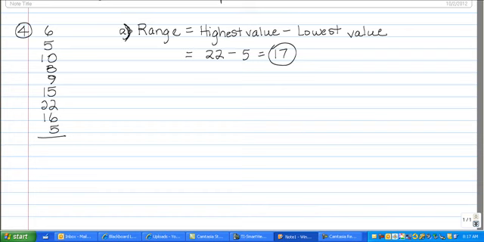Now for part B, we need to find the mean. And actually, I may have to erase the range there in order to create my table. I want to add all of these up.